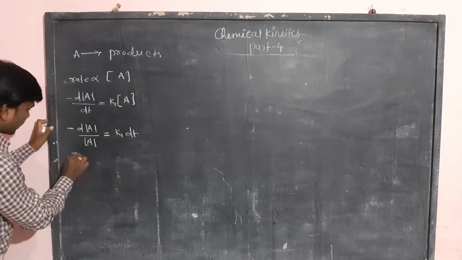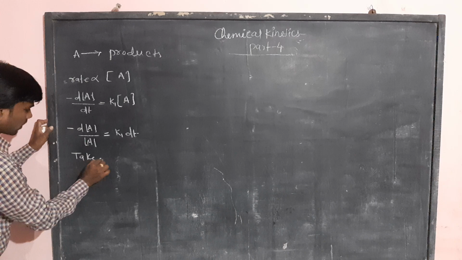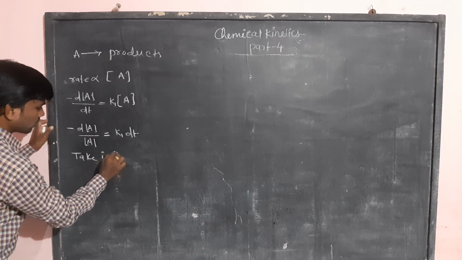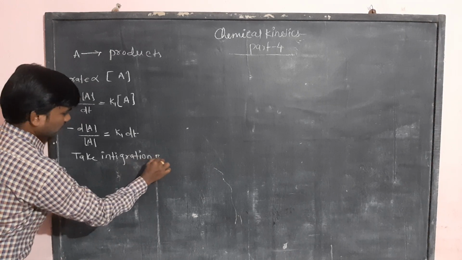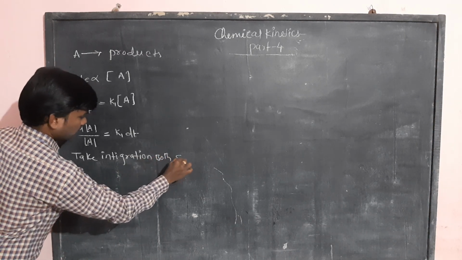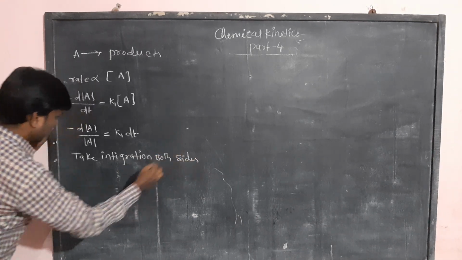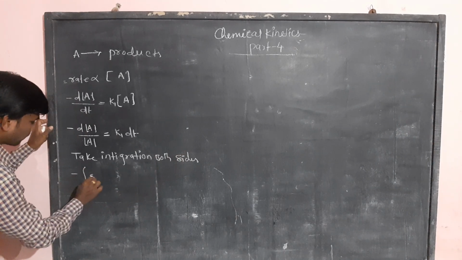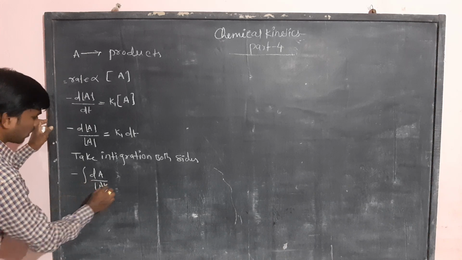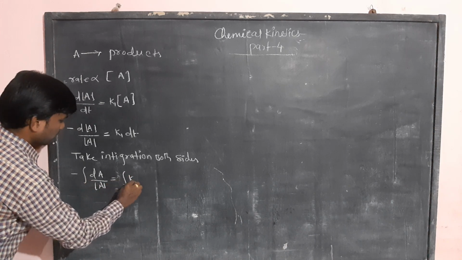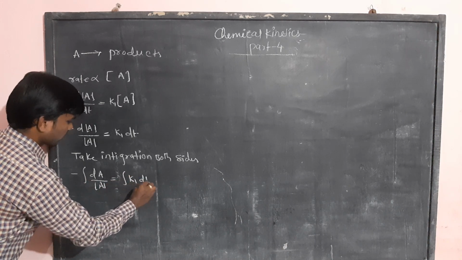So now take integration on both sides. Then integration of dA upon A is equal to integration of K1 into dt.